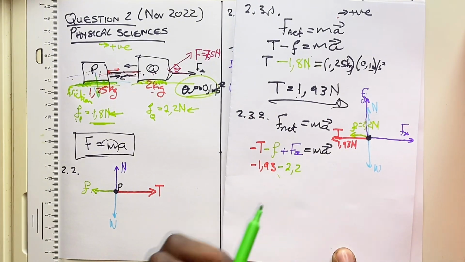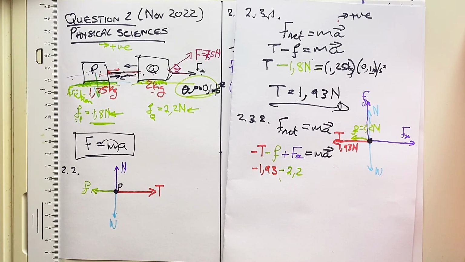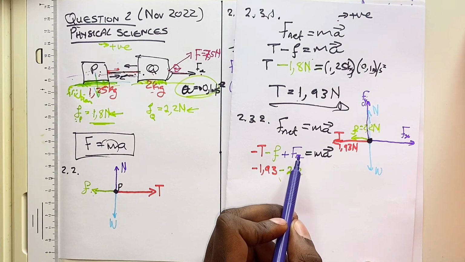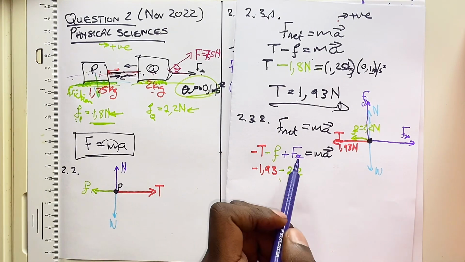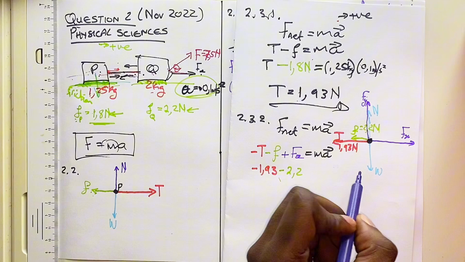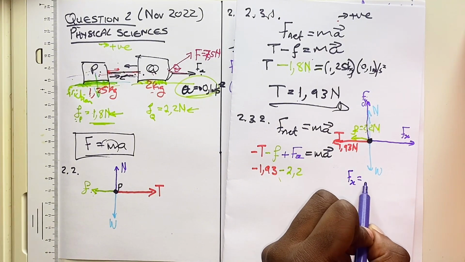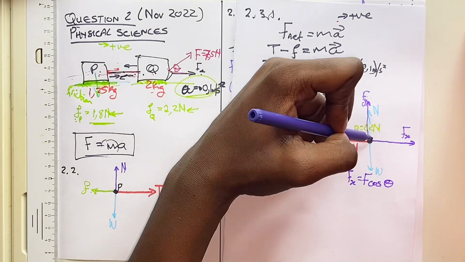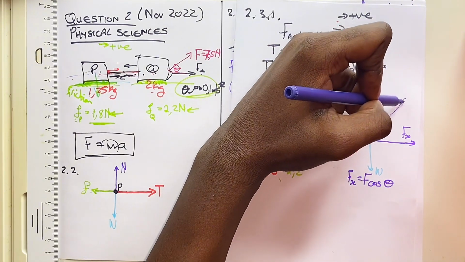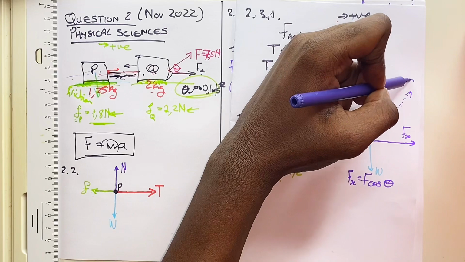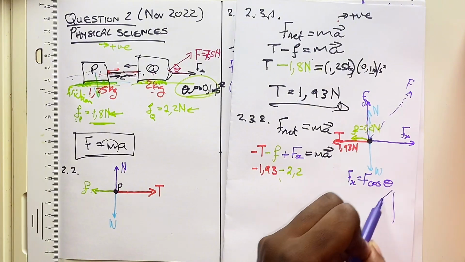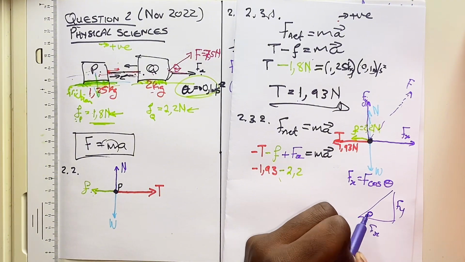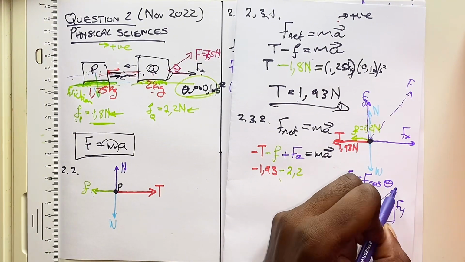The friction is minus 2.2. But the x component of the force is not 7.5, we only deal with the x component. So Fx will be given to us by F cos theta. If you look at this, you have a force here, and it makes a triangle like this where you have the y component, the x component, and theta here, and this is the force.